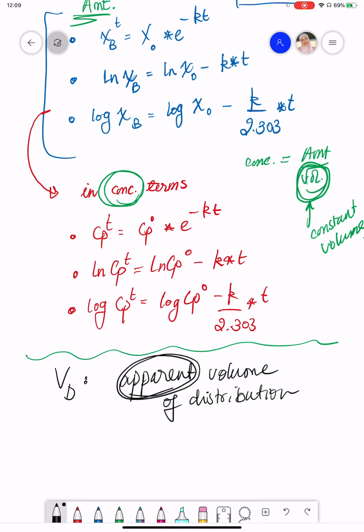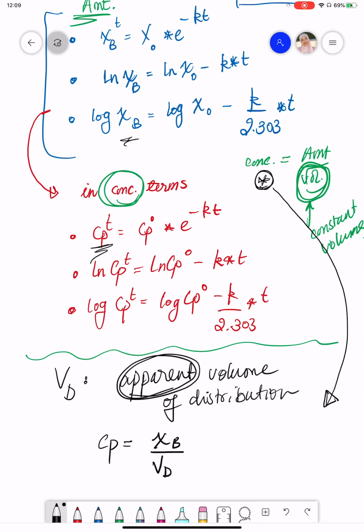First of all, you can find the sentence in your slides about the volume of distribution. I would write the same equation here, but in our symbols. So concentration measured in the plasma or in the blood equals the amount measured in the body over Vd.